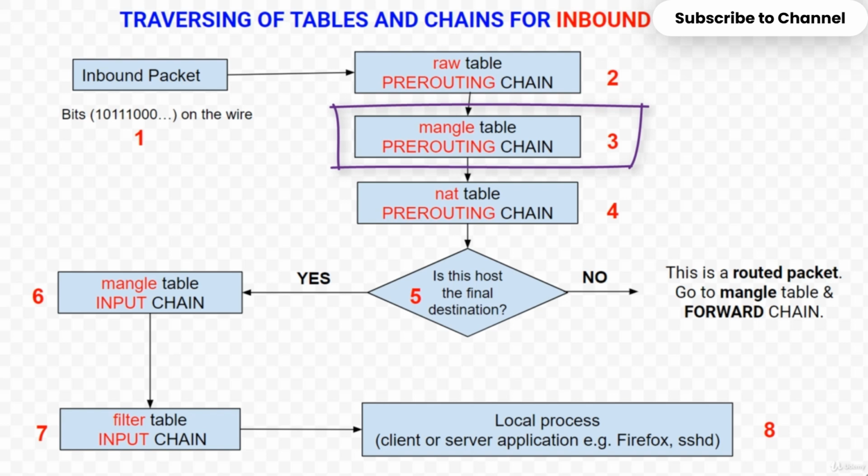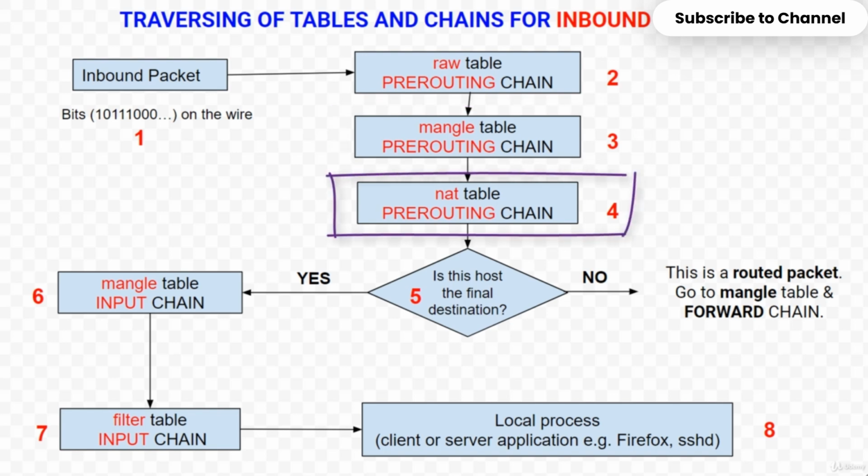At this point, we can change values from packet headers like type of service bits or time to live. The NAT table of the pre-routing chain is used for destination network address translation or port forwarding. Any traffic filtering should be avoided here.